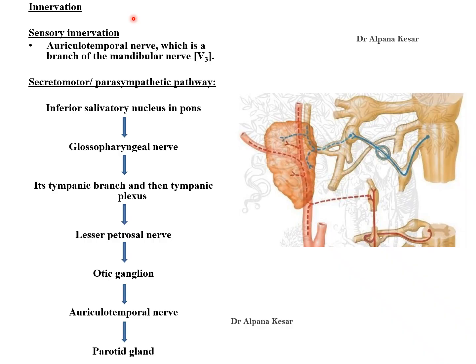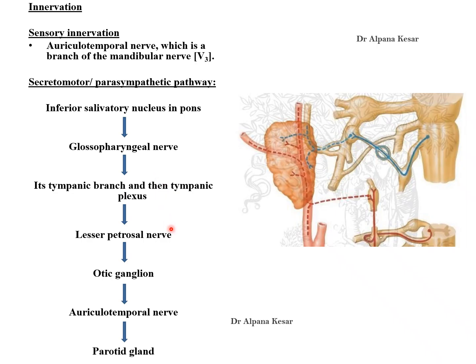Innervation of the parotid gland. Sensory innervation of the parotid gland is by the auriculotemporal nerve, which is a branch of posterior trunk of mandibular nerve. The secretomotor or the parasympathetic pathway to the parotid gland begins in the inferior salivatory nucleus in the pons. The preganglionic fibers arising from pons pass into the glossopharyngeal nerve, then into its tympanic branch and tympanic plexus.